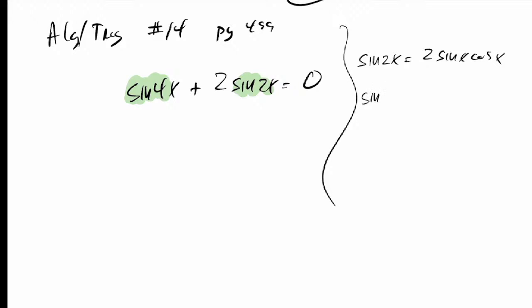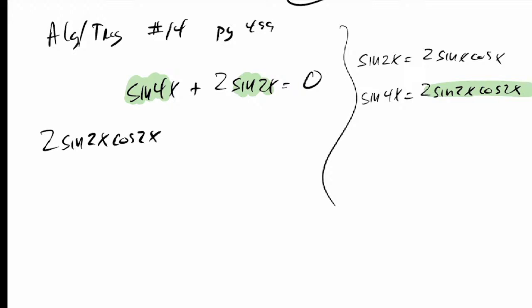So I know the sine of 4x is going to be 2 sine 2x cos 2x. So I can substitute that sine of 4x with 2 sine 2x cos 2x. So this becomes 2 sine 2x cos 2x plus 2 sine of 2x is 0.